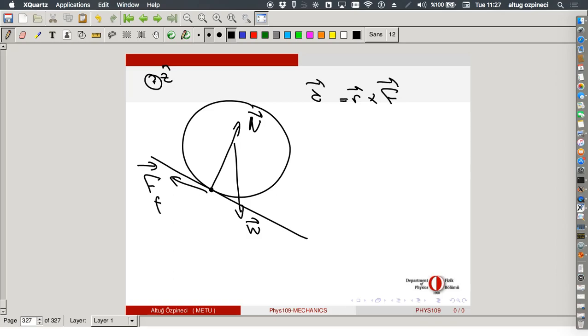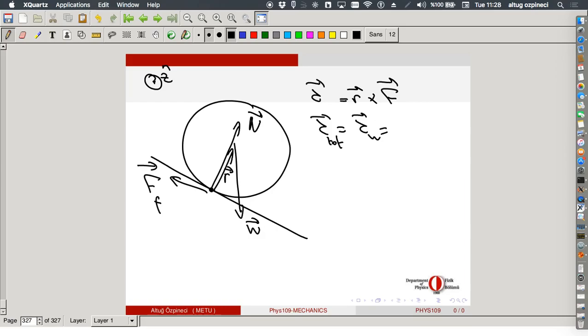And what is the torque created by the weight? What is its magnitude? This is the total torque. It is the torque created by the weight. Well, let's see, this is R. Remember, we had already seen that the torque the weight creates is as if it is acting at the center of mass.